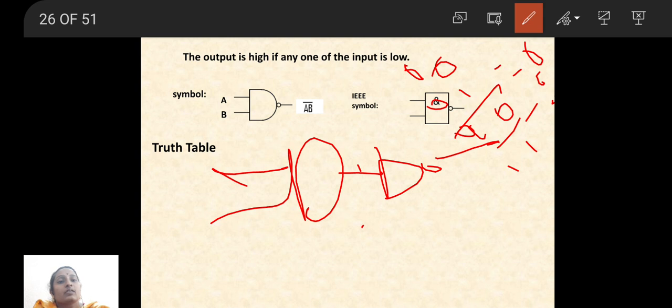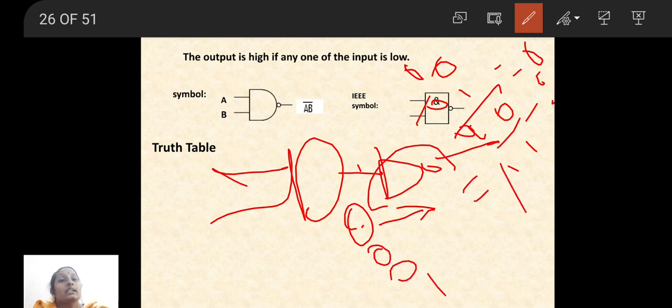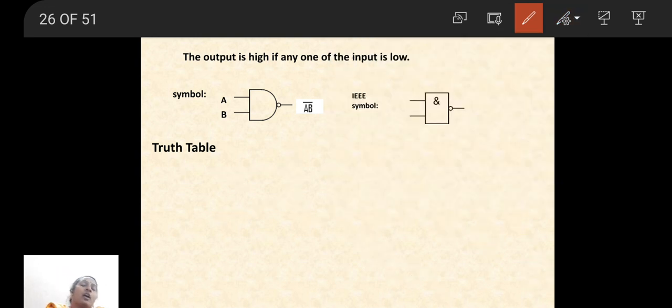So till this it is okay: 0, 0, 0, 1. But it is complemented in NAND gates. So by complementing the output, we are getting 1, 1, 1, 0.